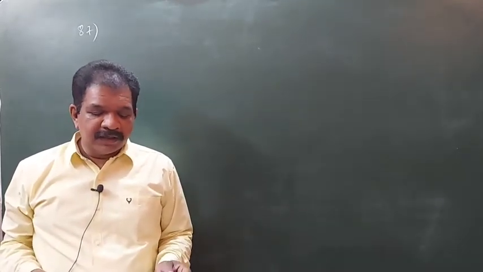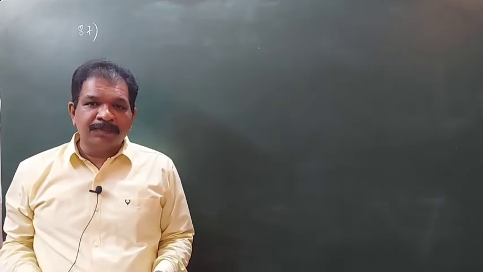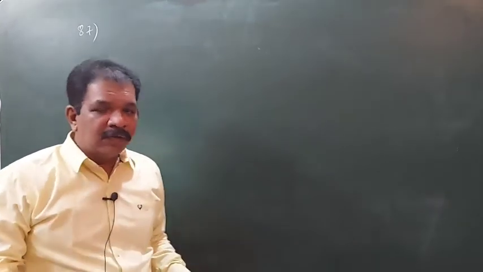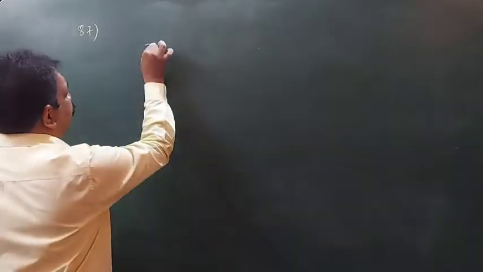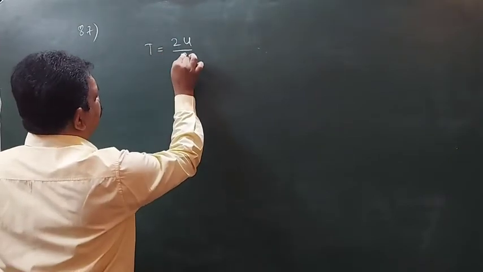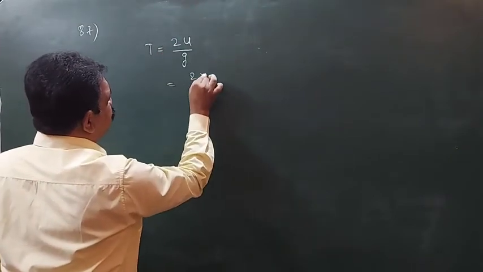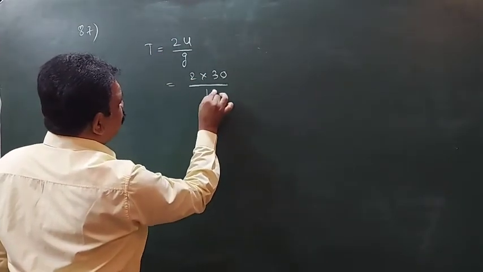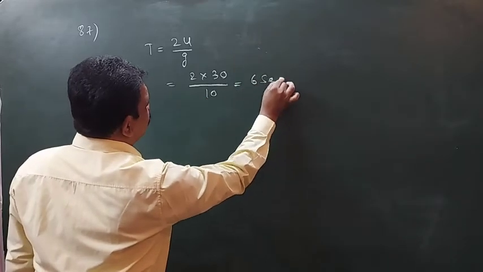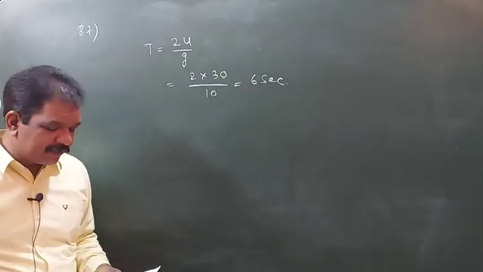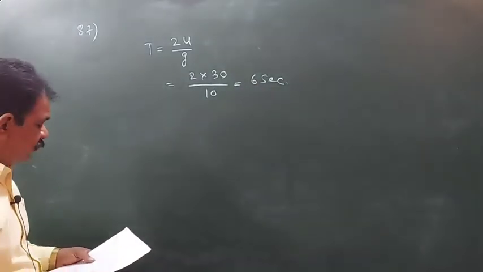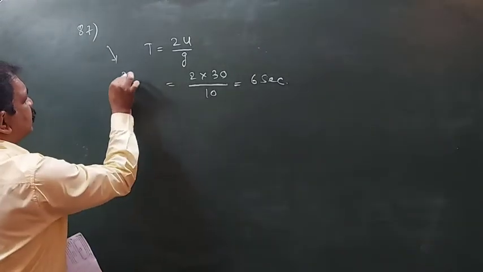How long does the ball take to return to the player's hand? So that will be the time of flight. Time of flight formula is 2u by g, 2 into 30 by 10. This is 6 seconds. So the answer is the second option.